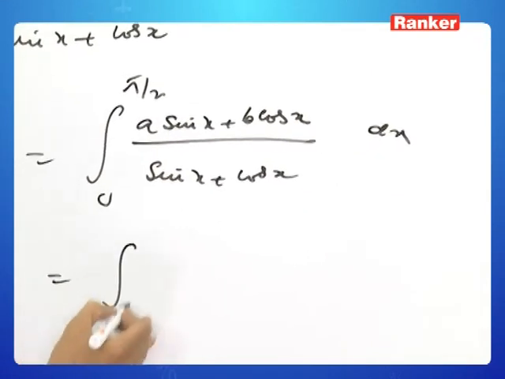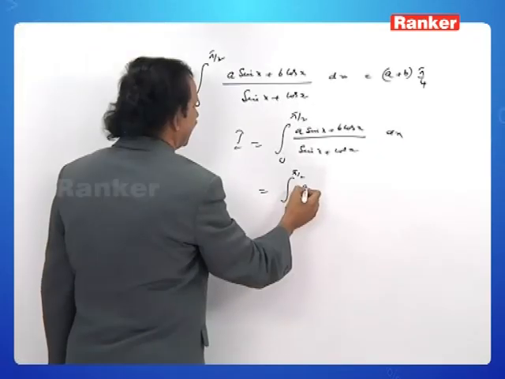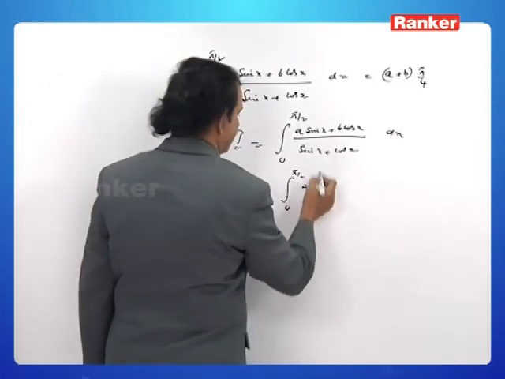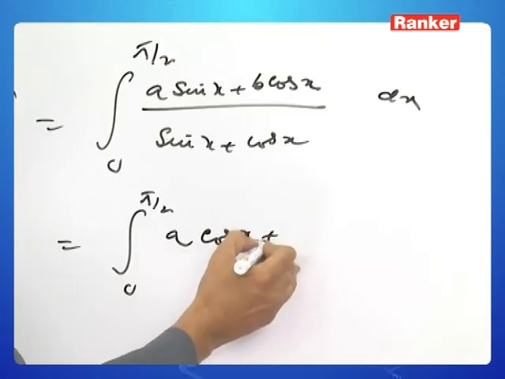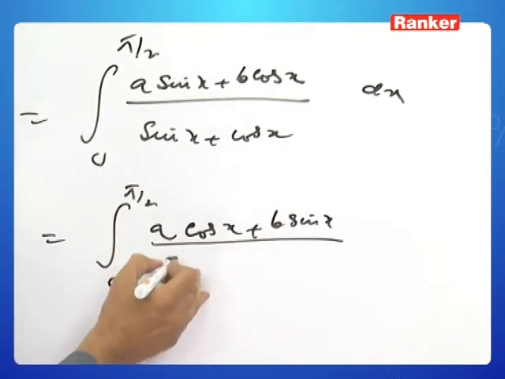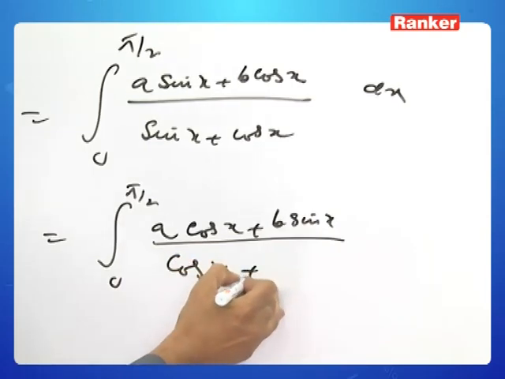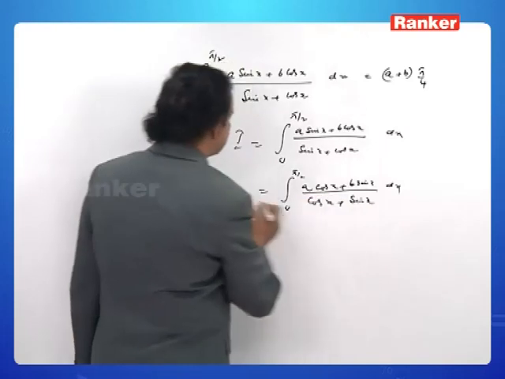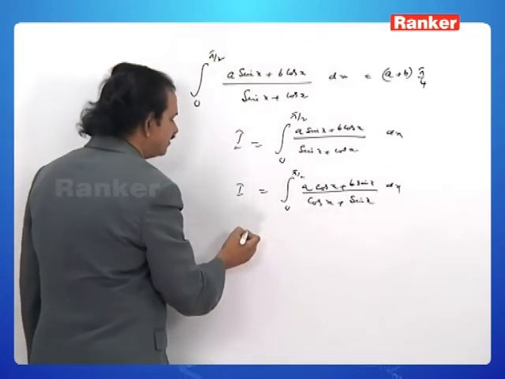Again, integral 0 to pi by 2 a into, in the place of x, let me write pi by 2 minus x so that it becomes a cos x plus b sin x by sin x plus cos x dx. This is also I. Now add these two.